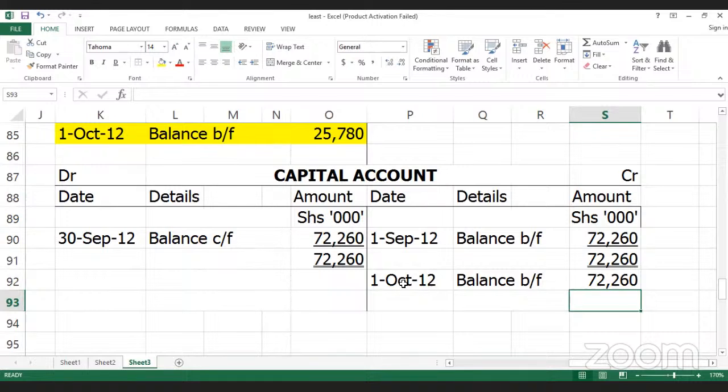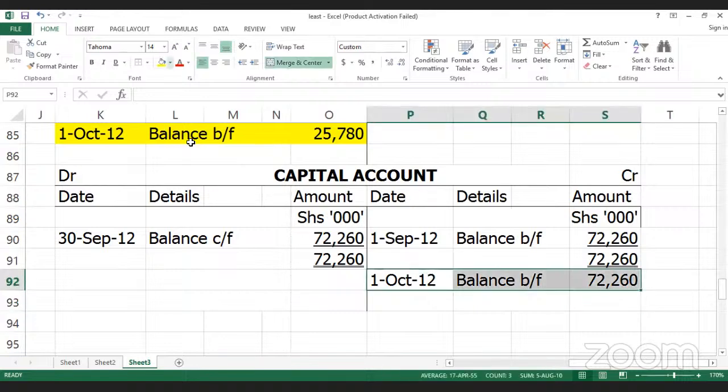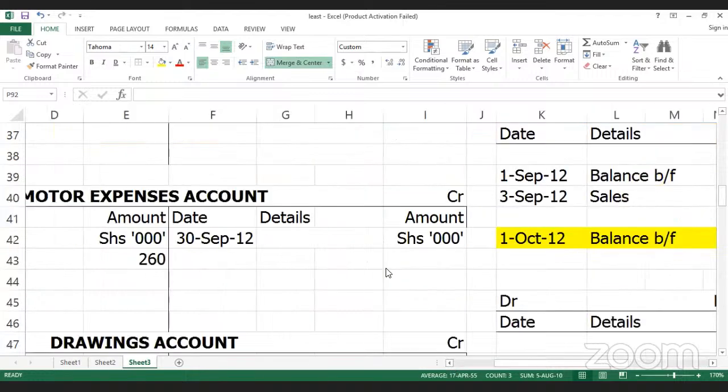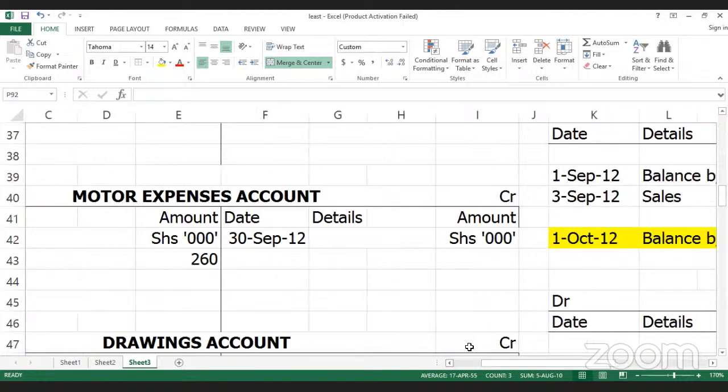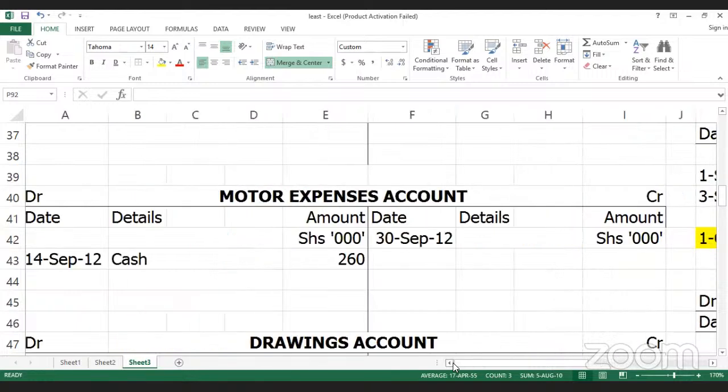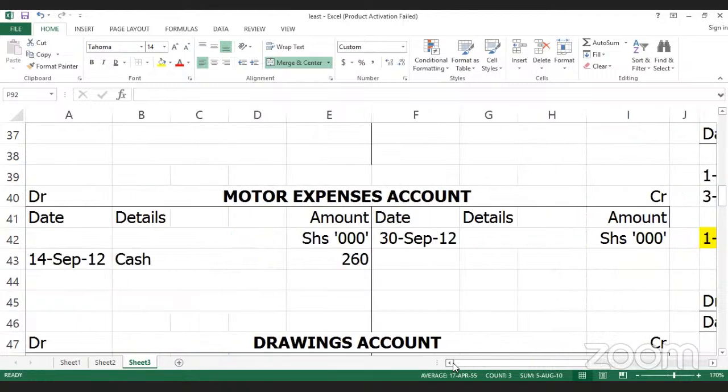Then we move to the next account. Which other account do we have? Let's try to look at the other accounts that we have not yet balanced. Motor expenses account, is it balanced?